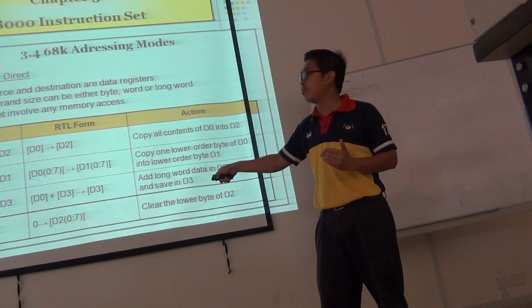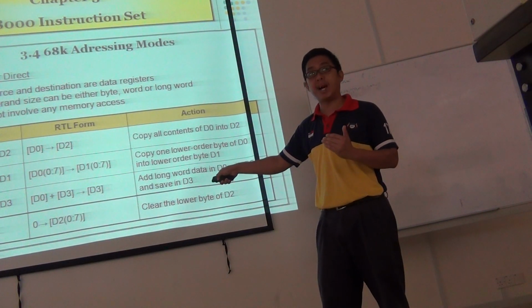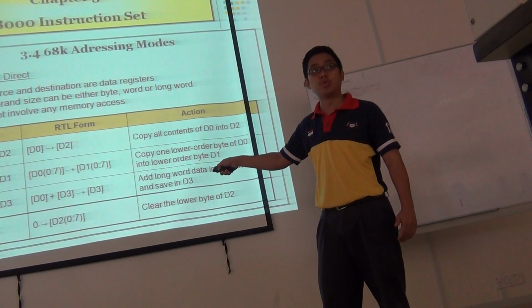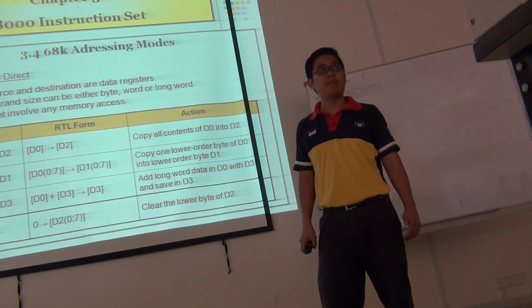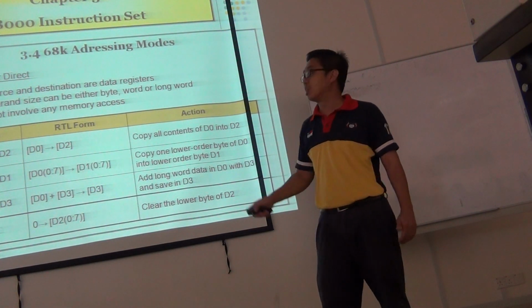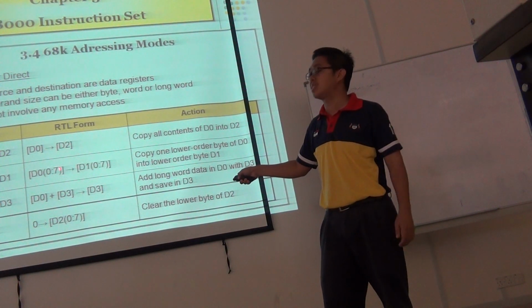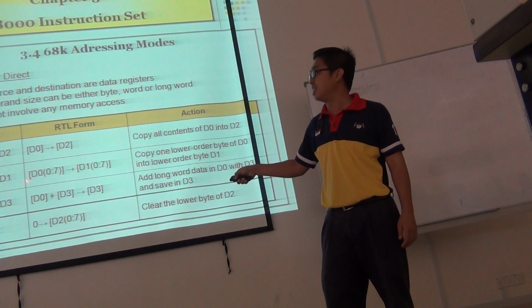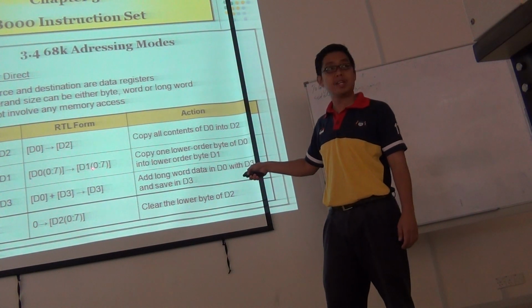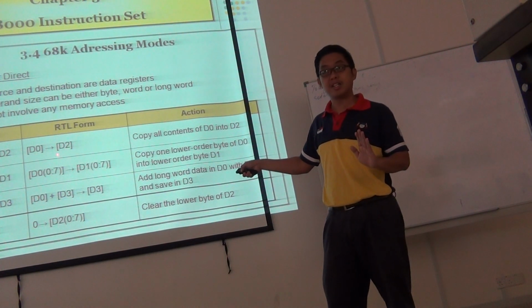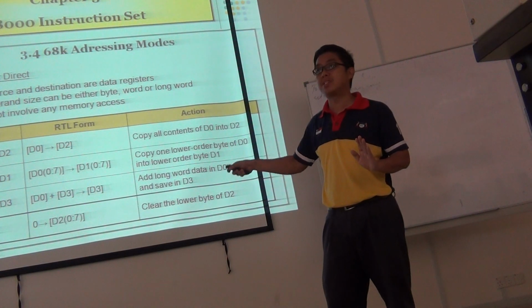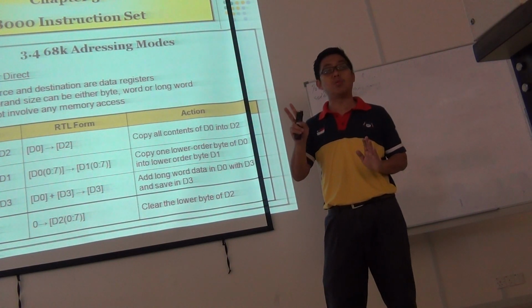Then move.byte D0 to D1. Byte is how many bits? 8 bits. So you are going to move or copy only the first 8 bits from D0 to D1. Okay, so far? D0 to D1 means that there are 2 registers, D0 and D1.